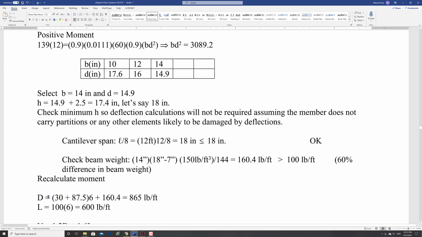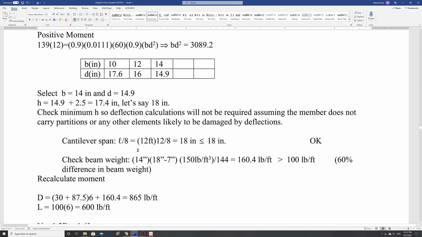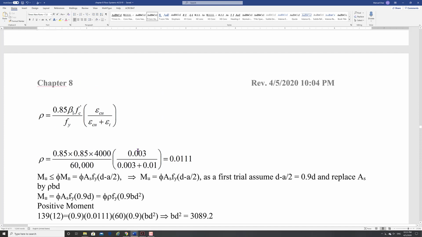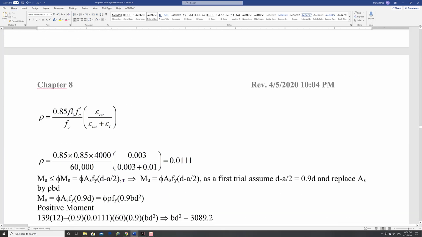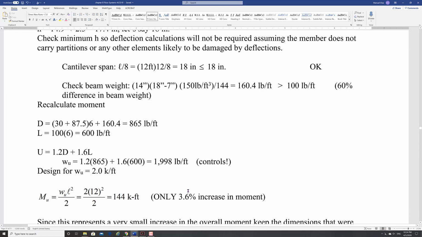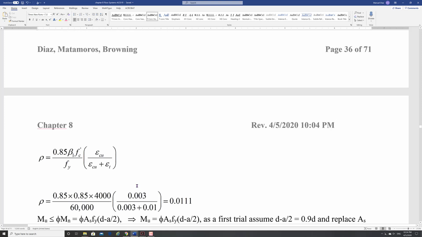You have the new dead load D, go to your load combinations, and you get 144, versus the moment that you had here at 139. That's 3.6%. Most likely this one probably would have been designed as 140 anyway.